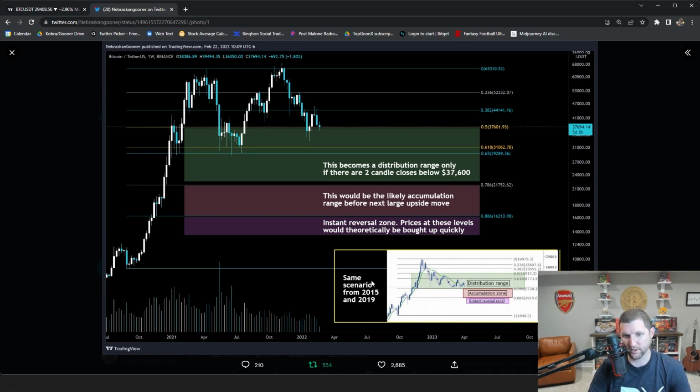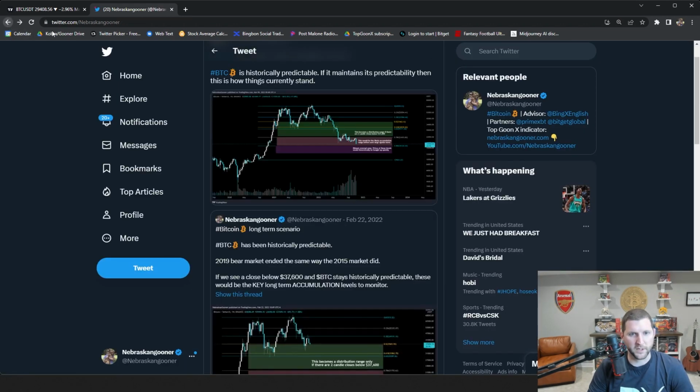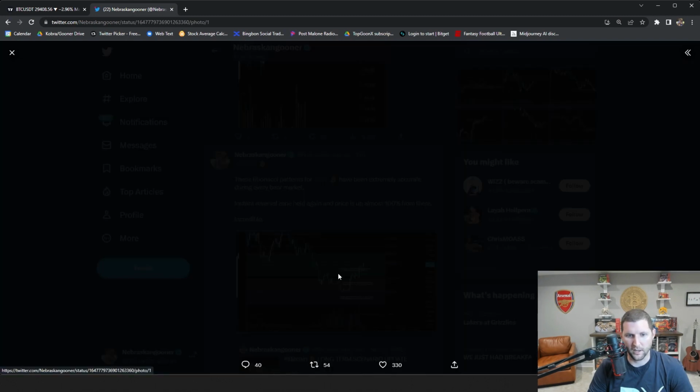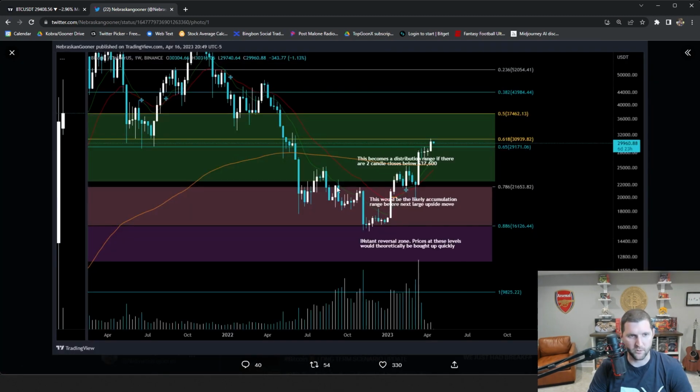And it actually worked in 2015 and 2019 as well. This is the one from 2019 that I posted back in 2018. And you can see just below 4K, that instant reversal zone held perfectly. And if we go forward real quick, you will see here how well that instant reversal zone held.